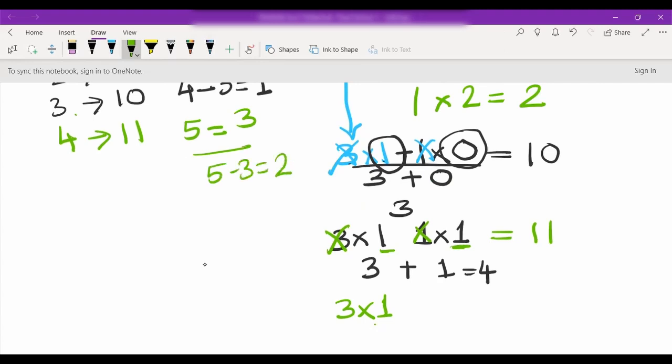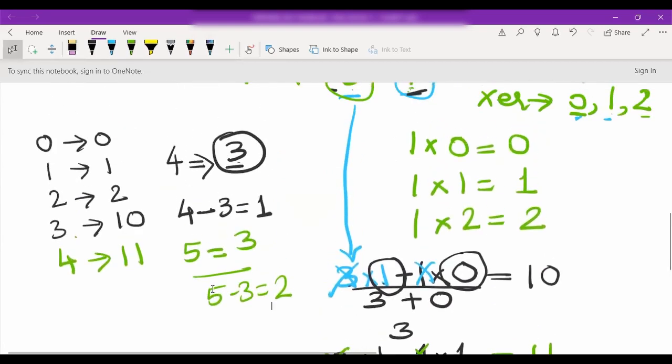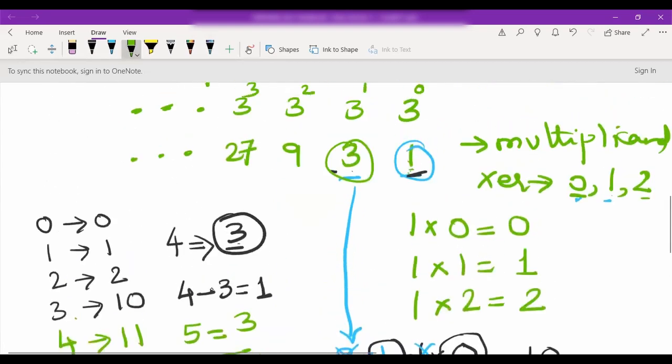So I want to use number 2. But directly the number 2 is not present. What is present is multiplicand 1 and the multiplier either 0 or 1. If I multiply 1 with 0, your answer will be 0. I don't want 0. If you multiply 1 with 1, your answer will be 1. That I don't want. I want number 2. So the remaining multiplier is 2.